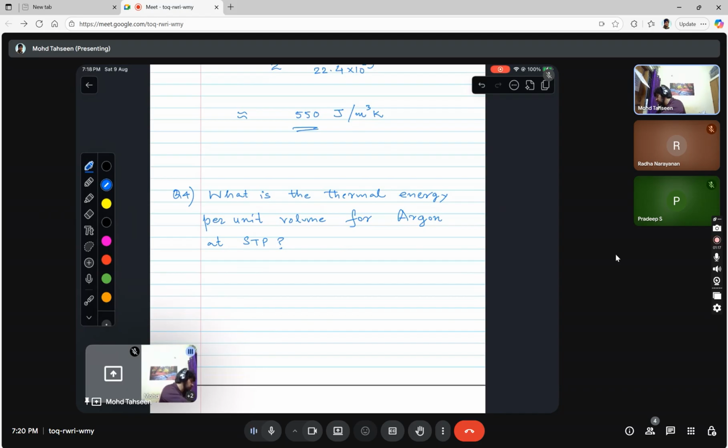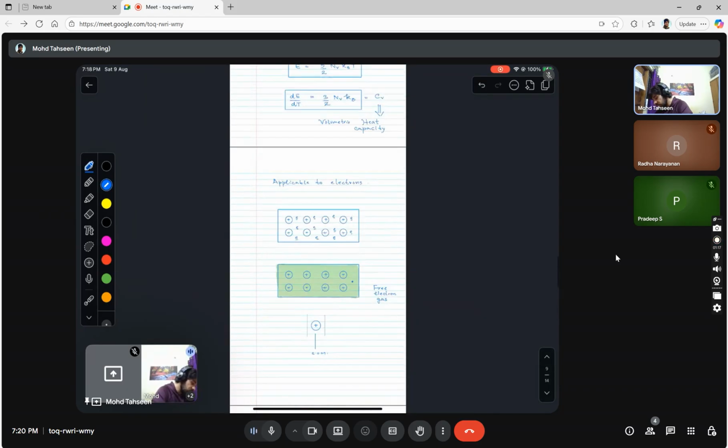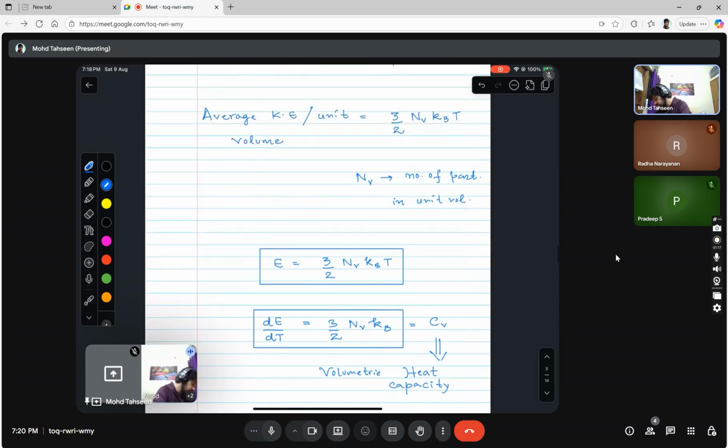Well, the formula is really simple. If we go back, I told you the thermal energy per unit volume, that is this quantity here, right? And what is the difference between this quantity and this quantity? Only temperature. So we have already computed what this is. We just have to multiply it with temperature, and that will give us the energy density.